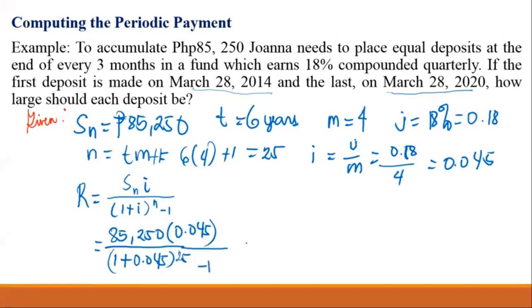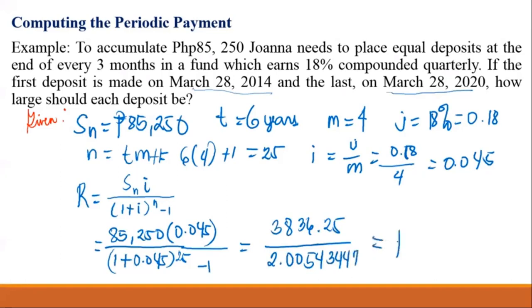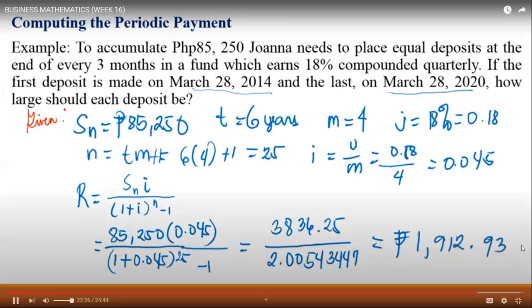Minus 1, syempre. So this is now equal to 3,836.25 over 2.005434447. So this is now equal to 1,912 pesos and 93 centavos.